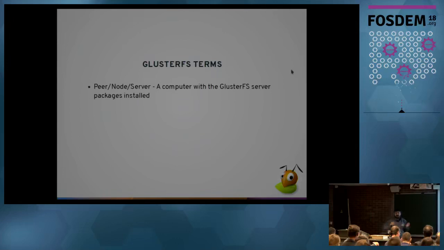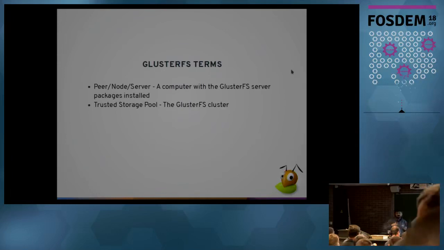Lots of Linux distributions have Gluster packaged in their default repositories, and you can install those packages onto your server, and that becomes a Gluster server for you. We pool these Gluster servers together to form a trusted storage pool. This is what we call the Gluster cluster.